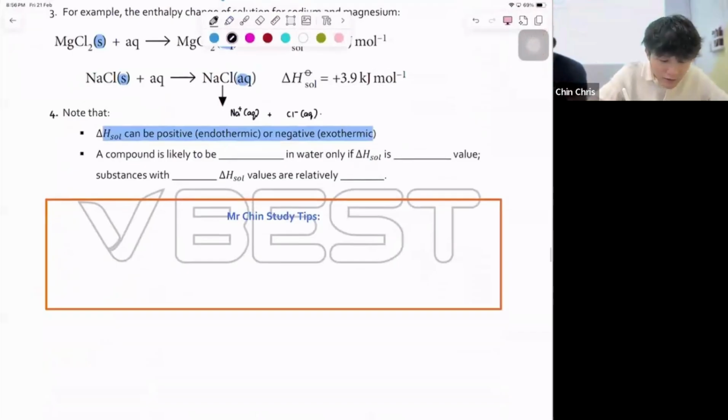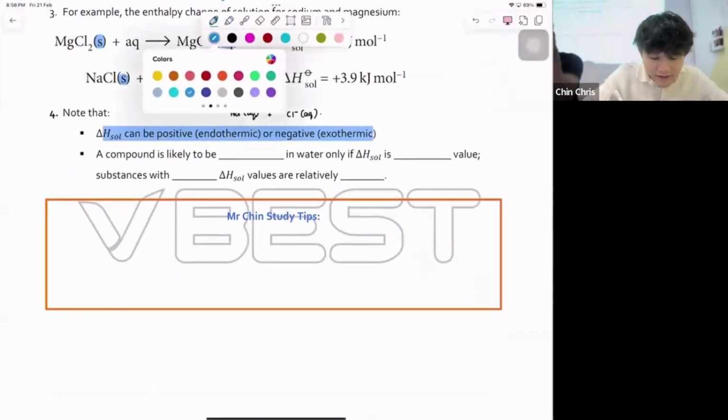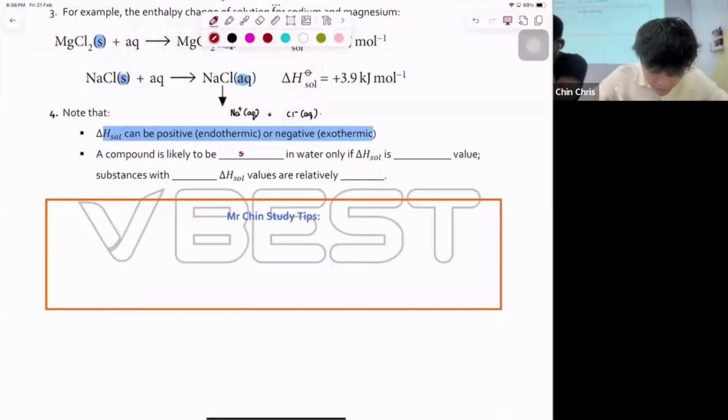Write it down: if it's negative, it's most likely to be soluble. And for insoluble substances, your delta H is most likely to be positive.